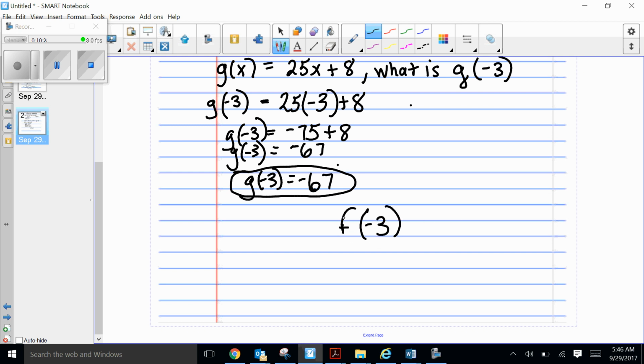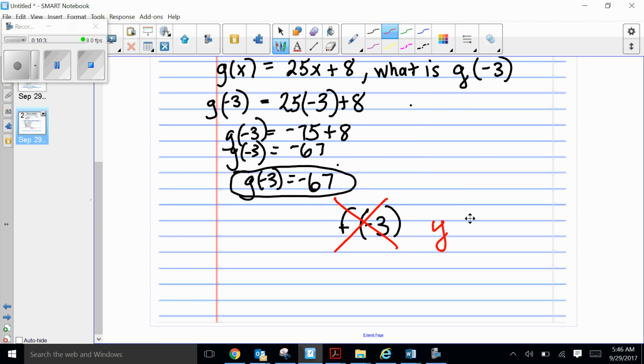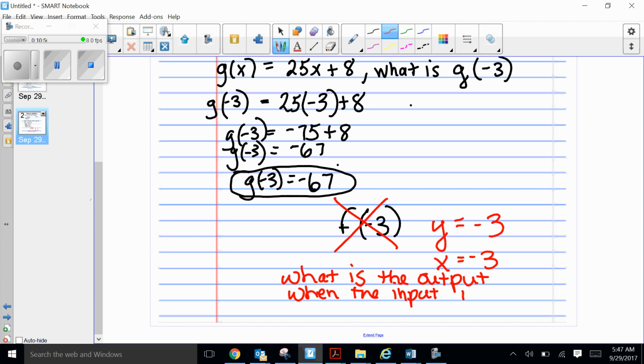This does not mean that y equals negative 3. It means that x is negative 3. So it wants to know what is y, or what is the output when the input is negative 3.